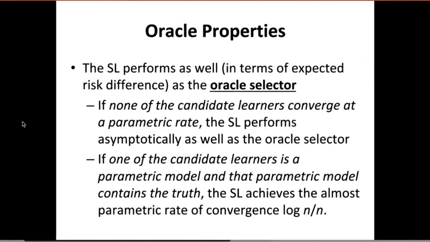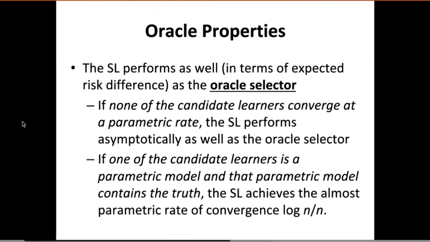So one of the nice properties of the superlearner is that it has oracle properties, which essentially means that if none of the candidate learners in the library converge at the parametric rate, then the superlearner will perform asymptotically as well as the oracle selector.